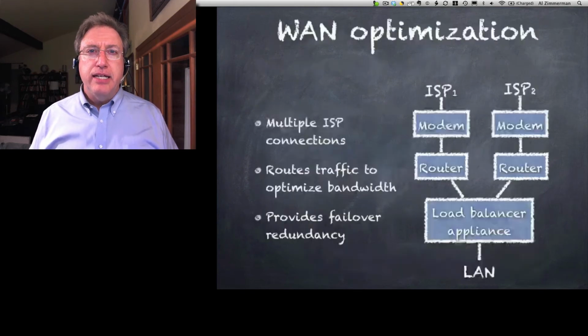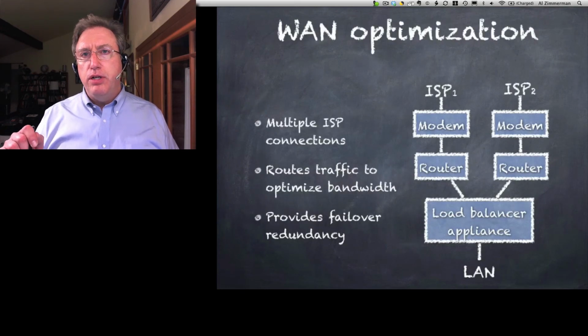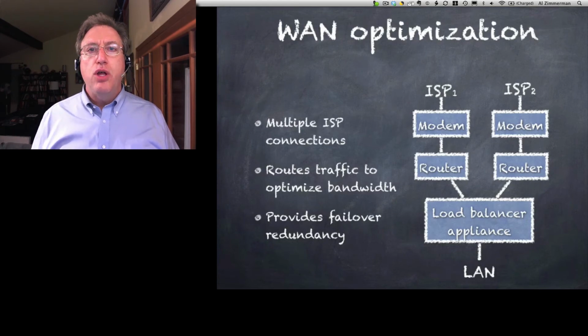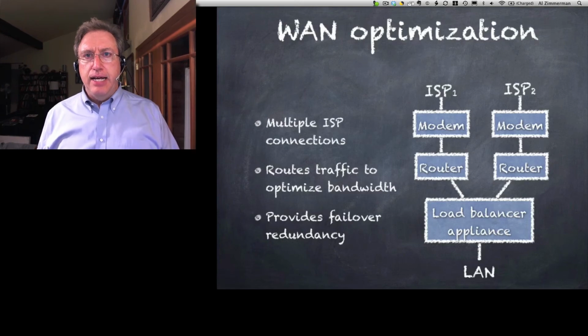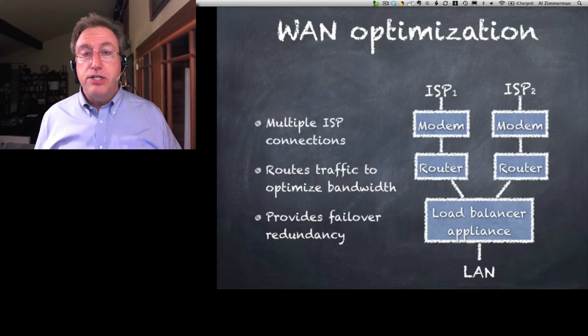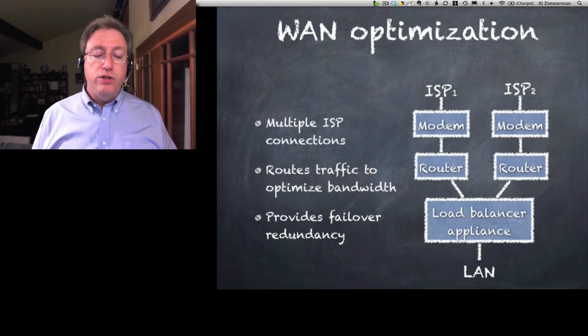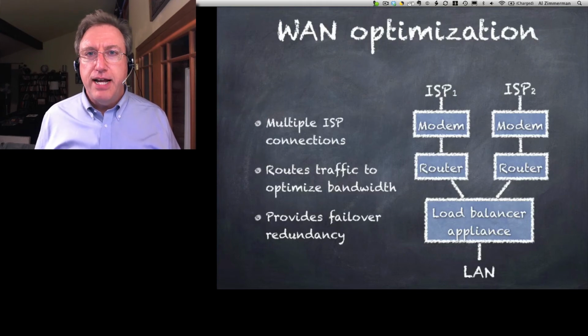Now, to get the multiple ISP connections, you use a load balancer appliance. Sometimes this is a dedicated device. Sometimes it's just a more intelligent switch. Sometimes you can do this very cheaply with a fairly stupid little switch. But if you want to do the other stuff, the traffic optimization, you need a more sophisticated appliance.